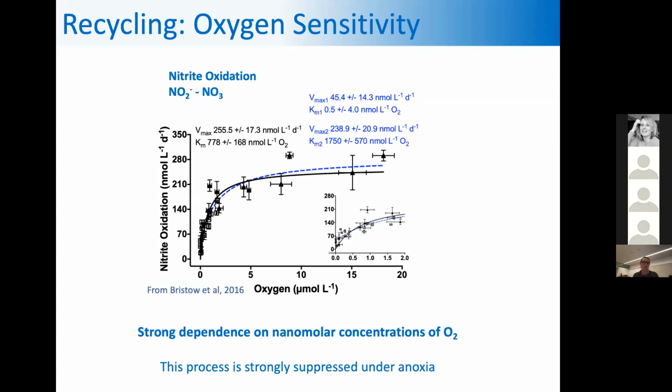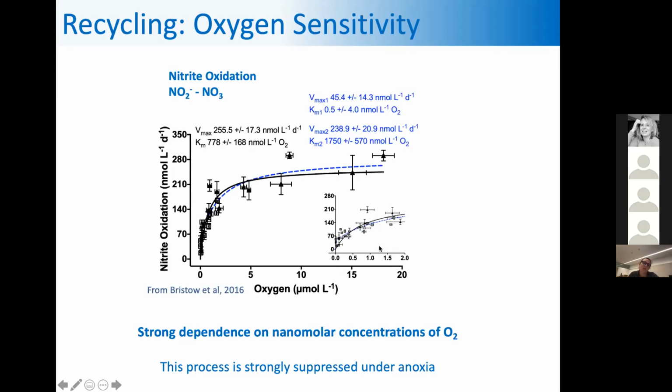If we just look at the black line, the black fit, that's a single component Michaelis-Menten. We get about 800 nanomolar of oxygen. Actually, we get a much better fit looking at two components, the blue one, especially at the low end, which you can see in the inset here.